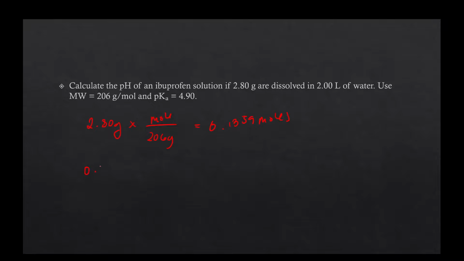Okay, 0.1359 moles in 2 liters is 6.796 times 10 to the negative third molarity. So this is our HA.